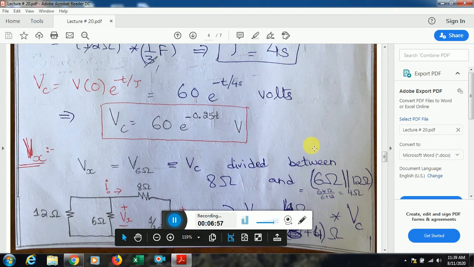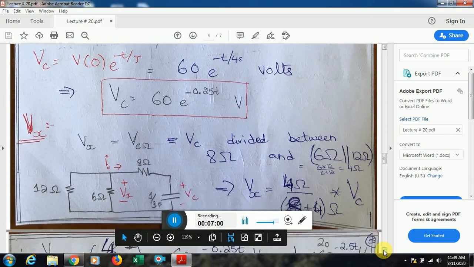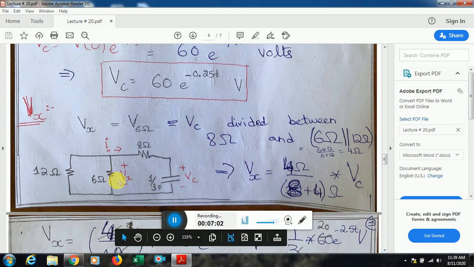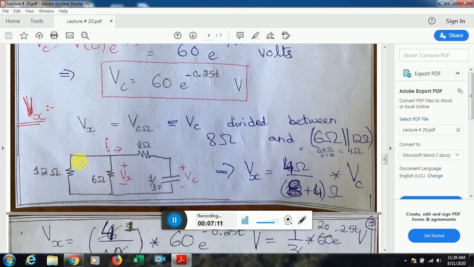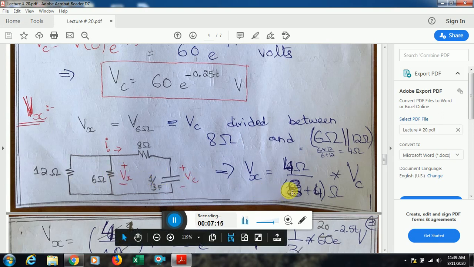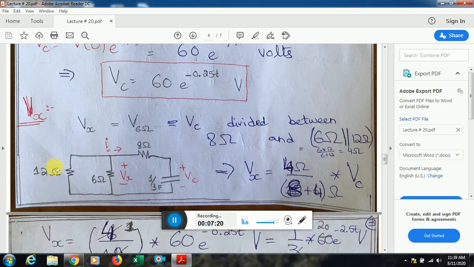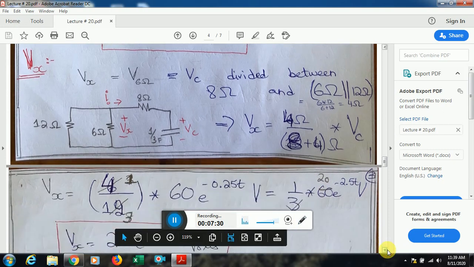Now the second last value that we have to find is Vx, which is shown as the voltage across this 6 ohm resistor. Now these two are in parallel, so this value Vx is the voltage divided between these two. First of all, taking the parallel equivalent of 6 and 12, which is 4 ohm, and then this 4 ohm and this 8 ohm divide this Vc among them using voltage divider rule.